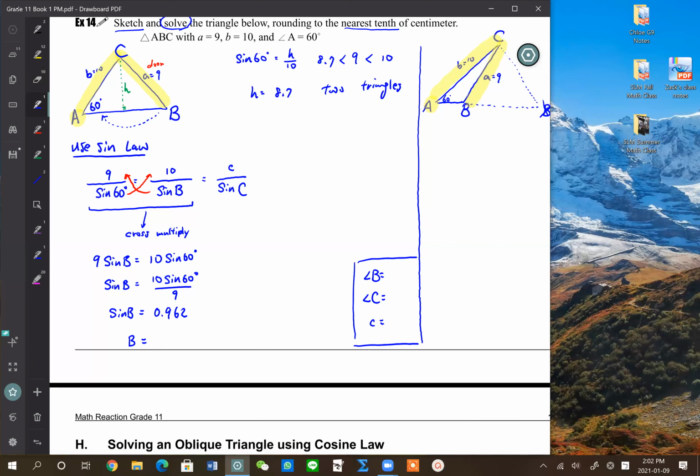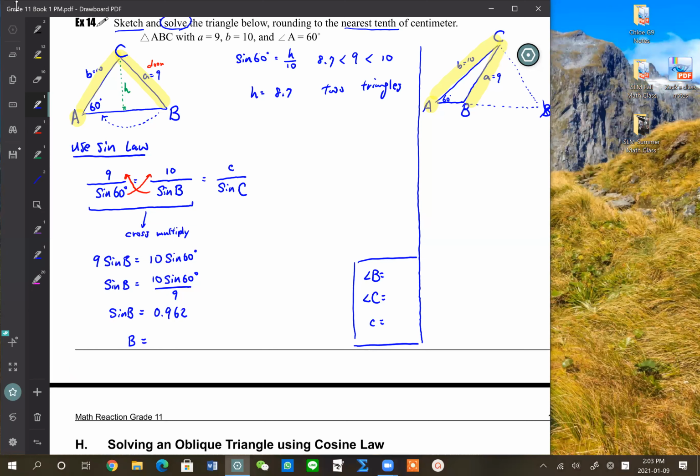We already found sine B as 0.962, but how do we continue to get angle B? I'm not sure. You're just one step away. So to find angle B, you just do sine inverse of the ratio that you got, 0.962.